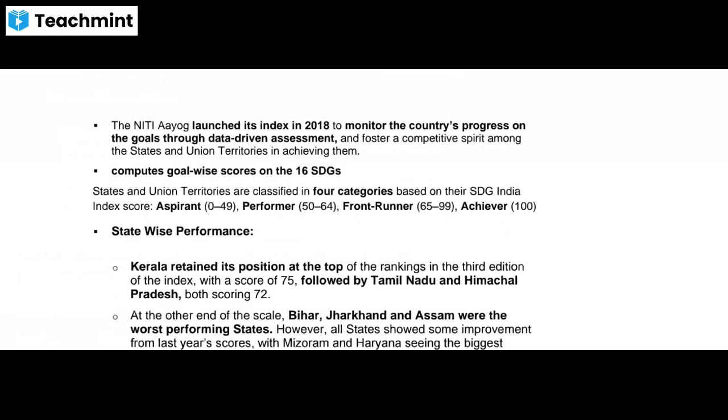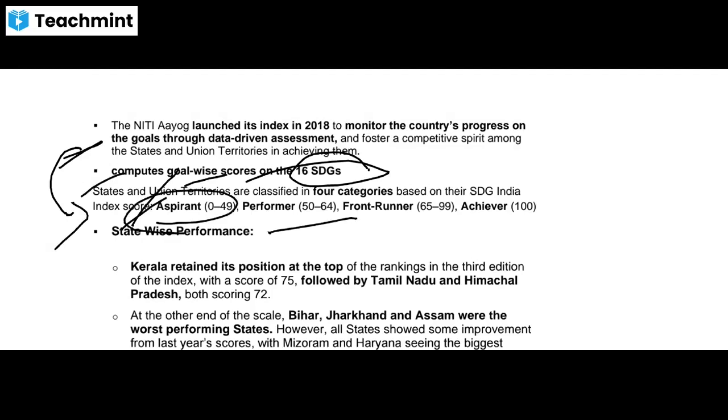Niti Aayog launched its index in 2018 to monitor the country's progress on the goals through data-driven assessment and foster a competitive spirit among the states and union territories. It computes the 16 SDGs. Based on their ranks, the states and union territories are classified into aspirant, performer, frontrunner, and achiever.